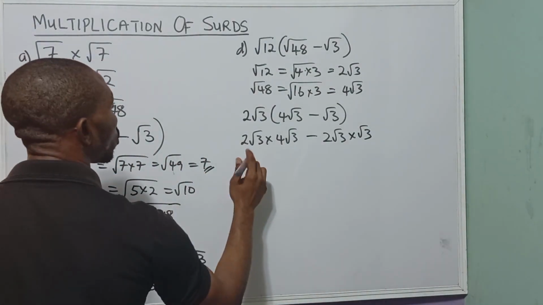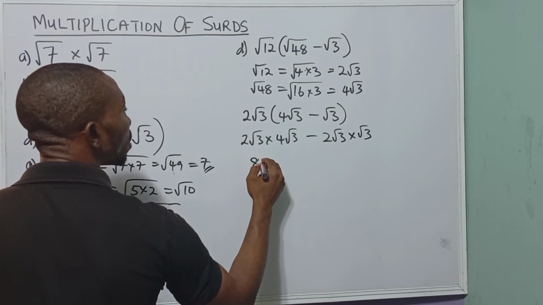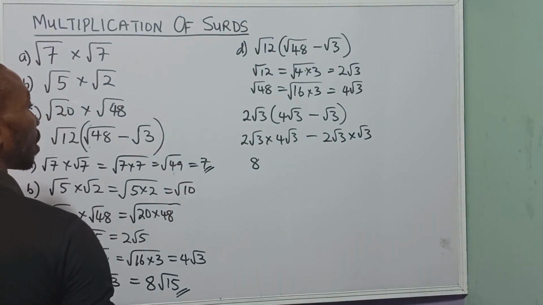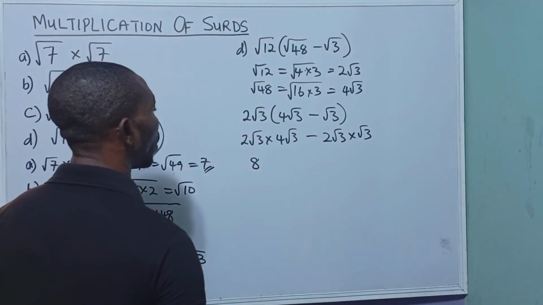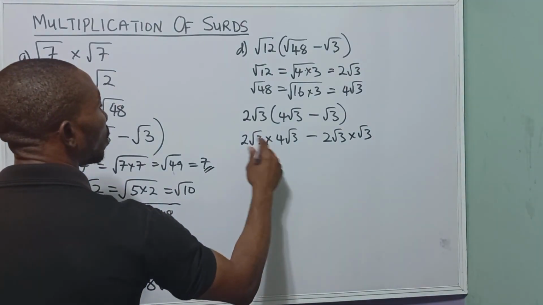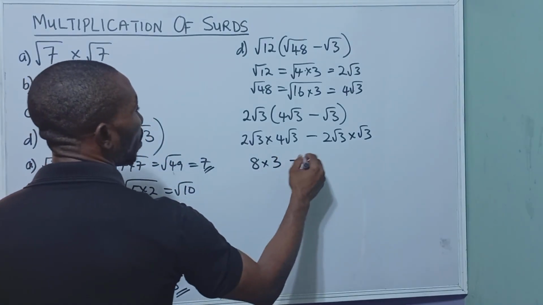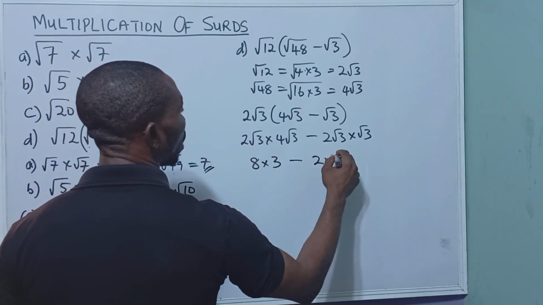Okay, 4 times 2 will give us 8, and root 3 times root 3 would give us 3. So this becomes 8 times 3 minus 2 times 3.